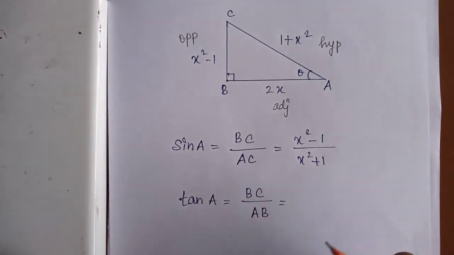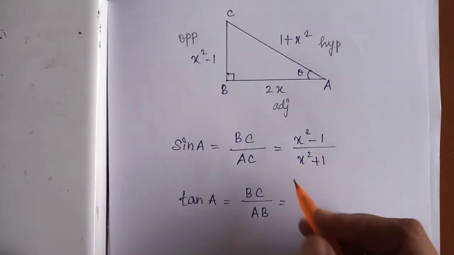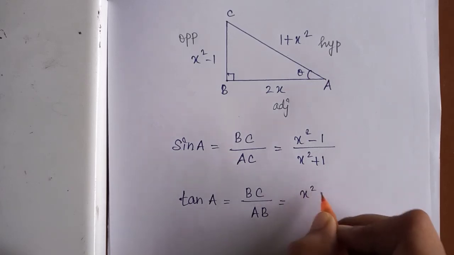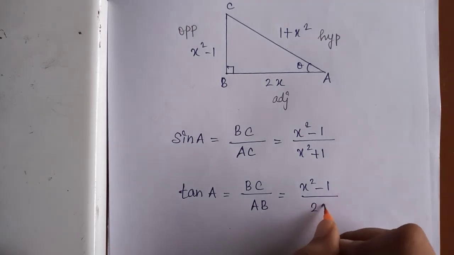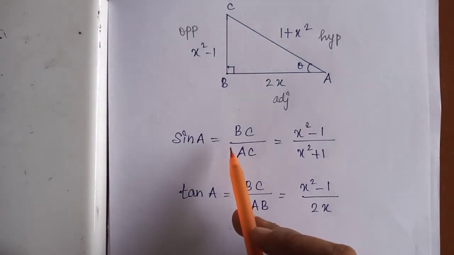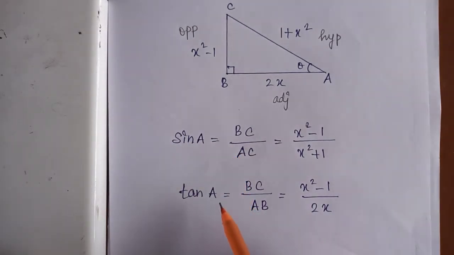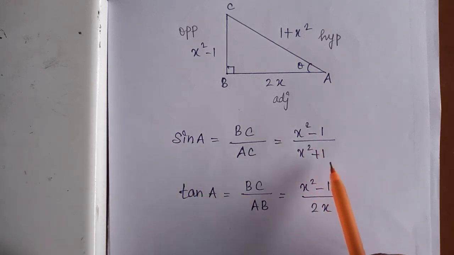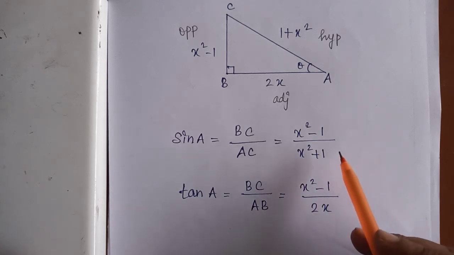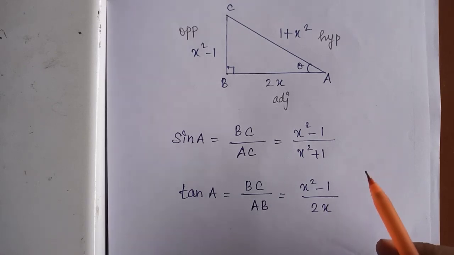So the value of BC is x square minus 1 divided by AB, your adjacent side, that is 2x. That's all. This is only what was asked in the question to find, that is sin A is equal to x square minus 1 by x square plus 1 and tan A is equal to x square minus 1 by 2x. We found the values of sin and tan in terms of x.